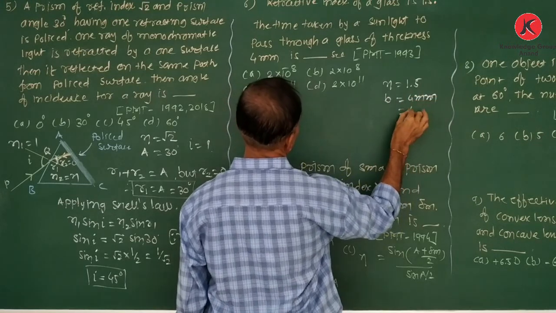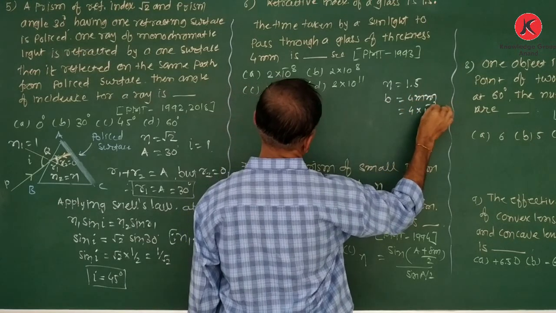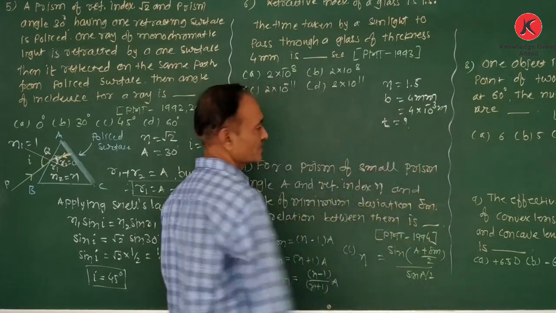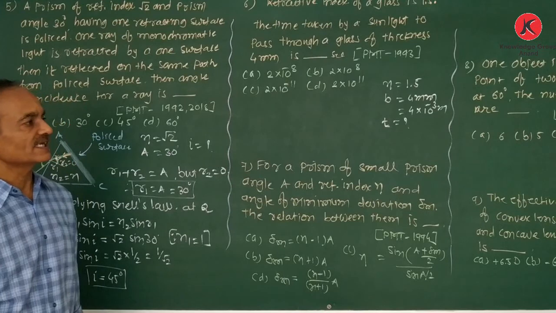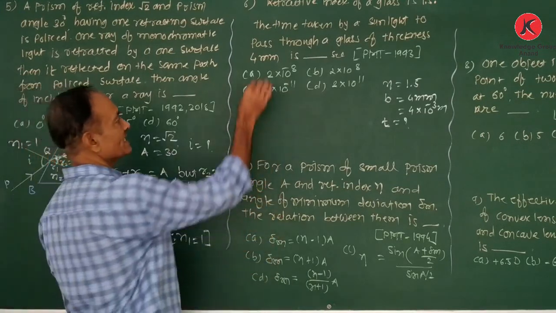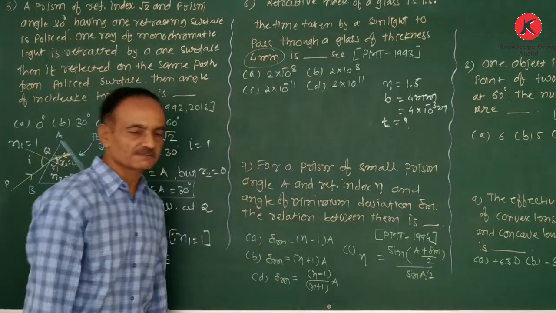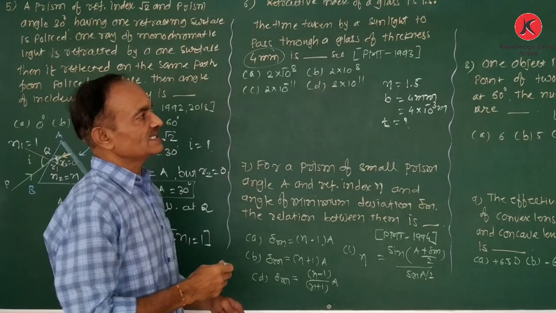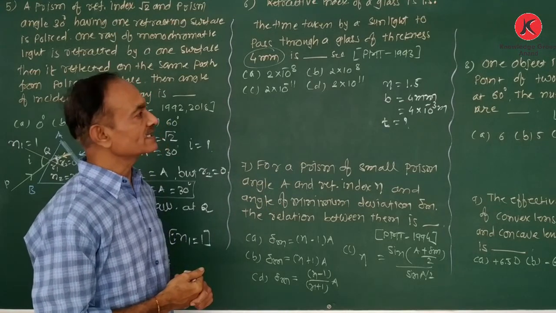Convert into meter, so 4 into 10 to the power minus 3 meter. How much time is taken by the sunlight to pass through this glass having thickness 4 mm? This question was also asked with 6 mm or 5 mm thickness. Okay, now listen, this question was asked in 1993.